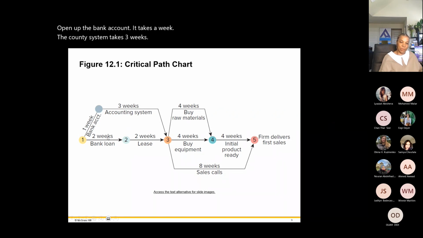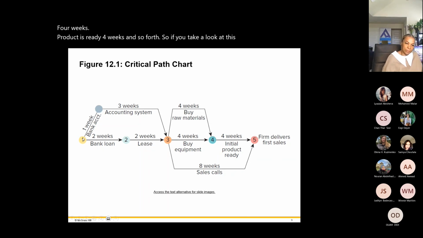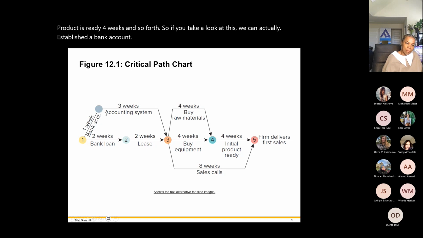The bank loan takes 2 weeks. The lease takes 2 weeks. Buying the equipment takes 4 weeks. Product is ready 4 weeks and so forth. So if you take a look at this, we can establish the bank account, but we can actually do the accounting system next because the accounting system doesn't have a dependency.